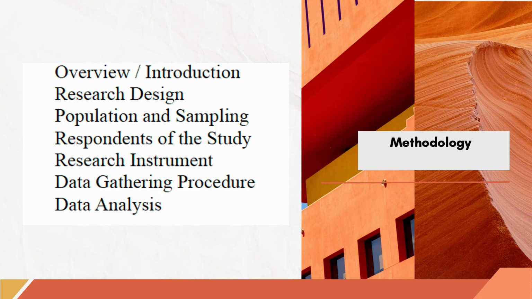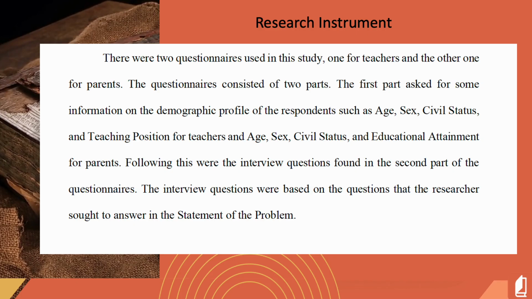Let's see now examples of how the research instrument subpart will be written. There are two examples that will be presented here: a finished research paper and a research proposal. Here is an example of how the research instrument was discussed in a finished paper.